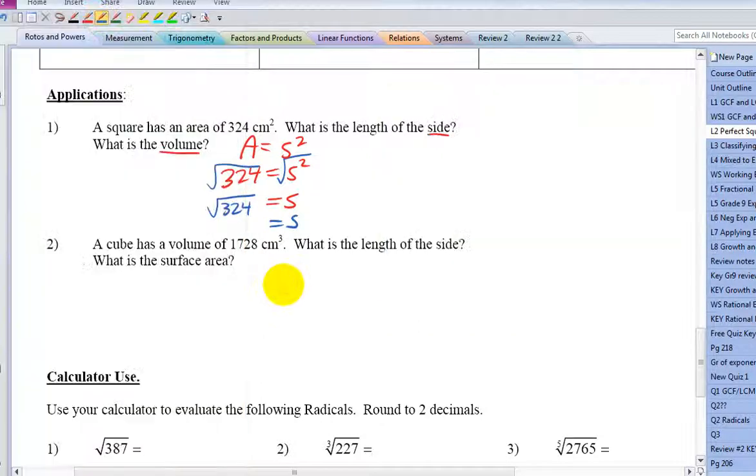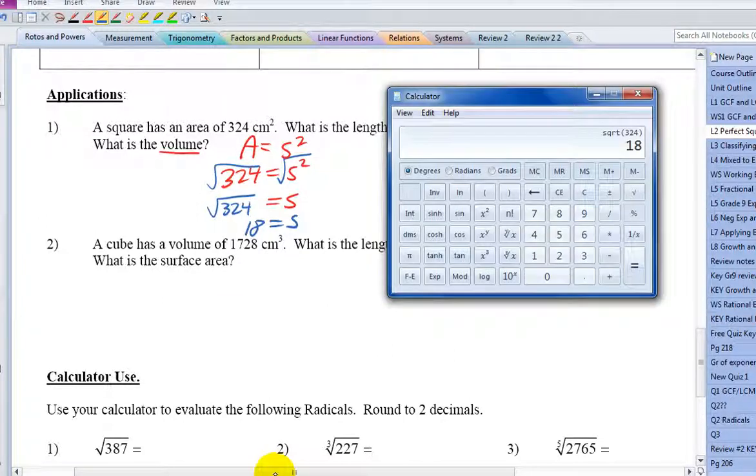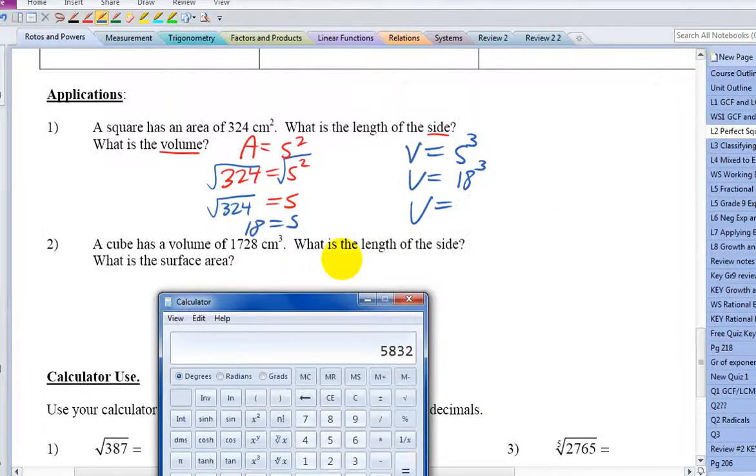Okay, so that's what the side length is. Now that we know the side length, we can find the volume. The volume is s cubed. So it's going to be 18 cubed. You should know how to do cube, and you should use this button here that can do anything cubed. 5,832.